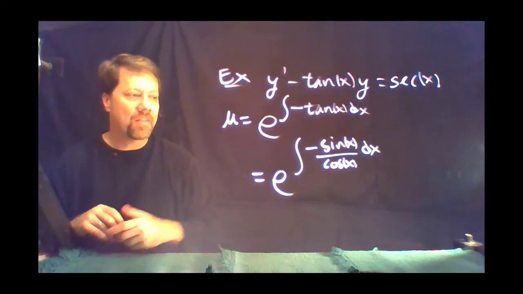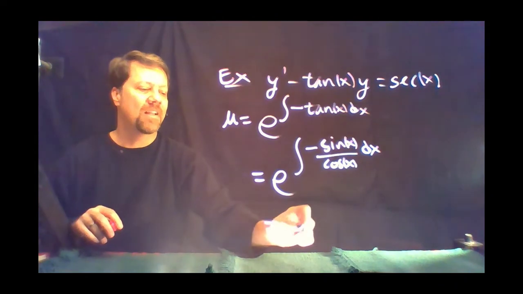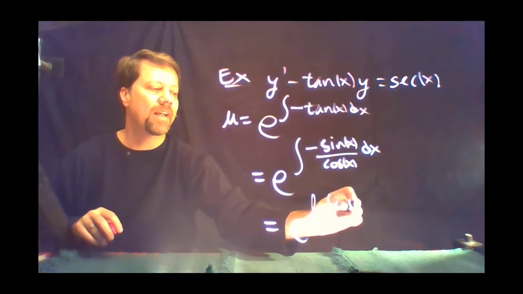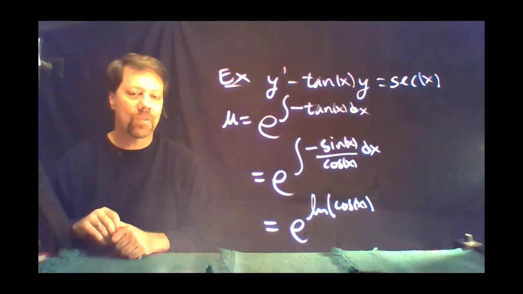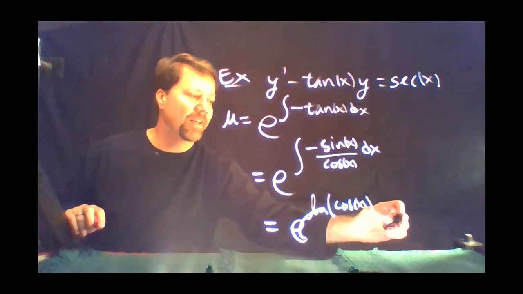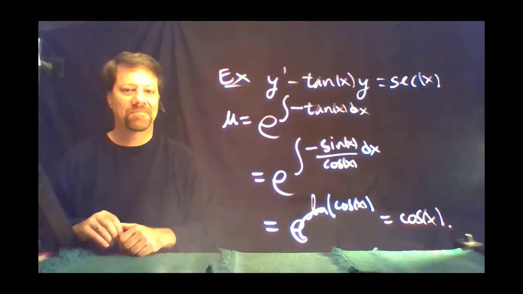This is in the form f prime over f, which means the integral is the natural log of the cosine of x, keeping in mind that we don't need the absolute values or the plus c when calculating the integrating factor mu. The log and the e cancel out, and the integrating factor is cosine of x.